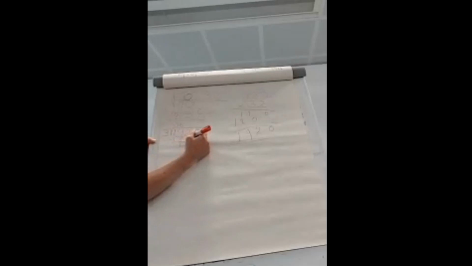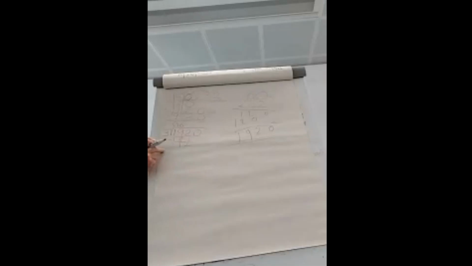And the next number falls down. The 2 comes down. So 3 in 12. 4 times. 4 times 3 is 12. So we write 12. 12 minus 12 is 0. We bring the 0 down. And 3 in 0? 0. That's it. So 640 is the answer.